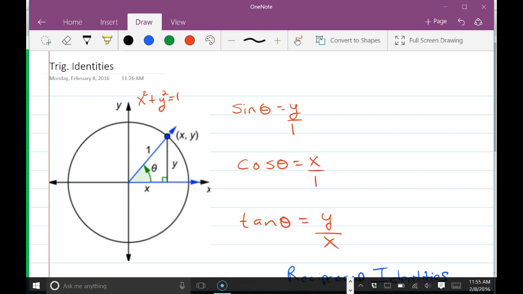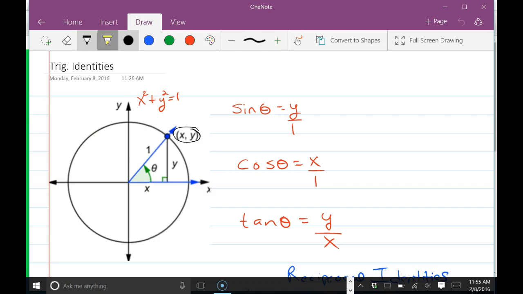Let's go back. We talked about the unit circle, a circle of radius 1, whose equation is x squared plus y squared equals 1. The last time we met, we dropped a perpendicular from the point where the terminal side hit the unit circle, and that point's coordinates are x comma y.